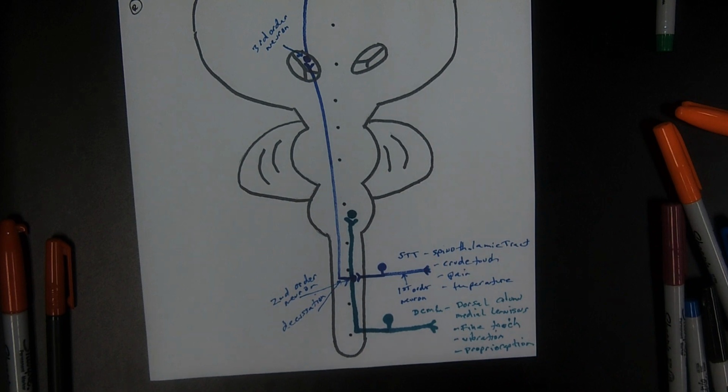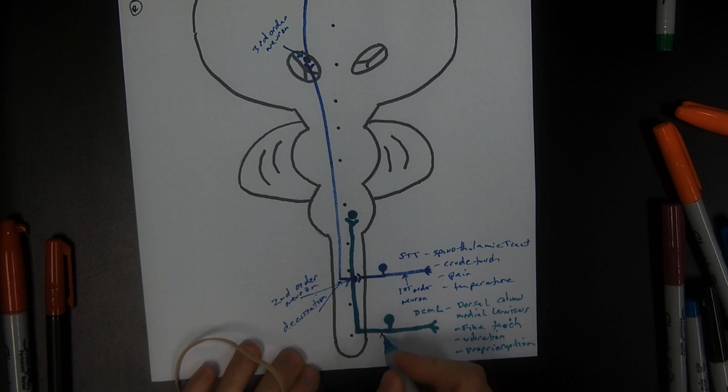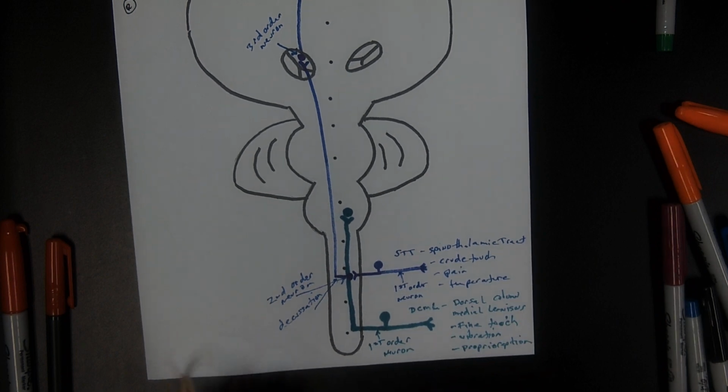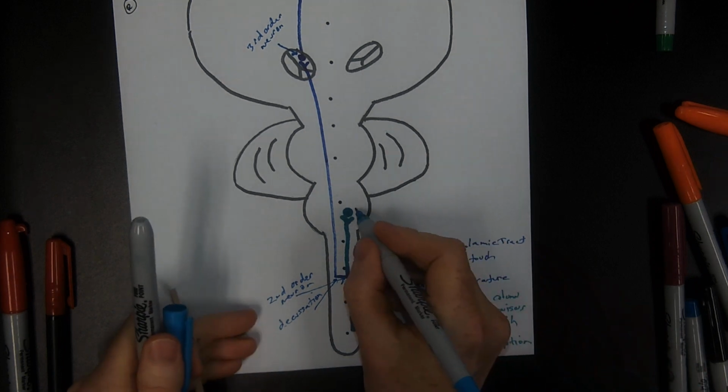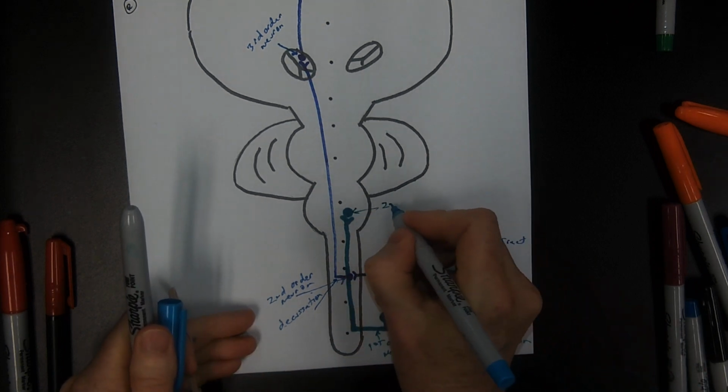Labeling this for the DCML, this is the first order neuron. Your first order neuron doesn't synapse right away in the spinal cord. It stays on the same side of the spinal cord all the way up to the level of the medulla. Then when it gets to the level of the medulla, it synapses with this second order neuron.